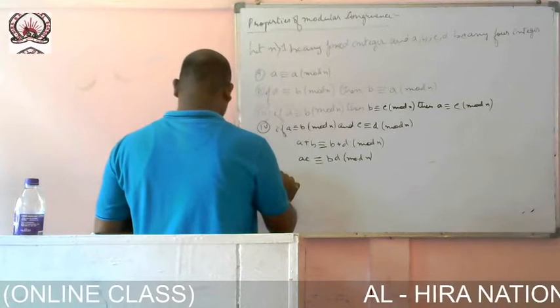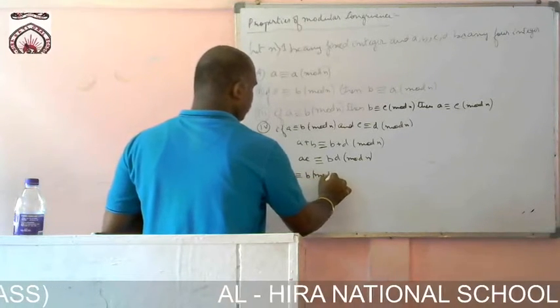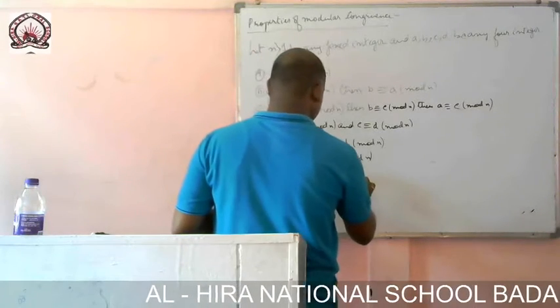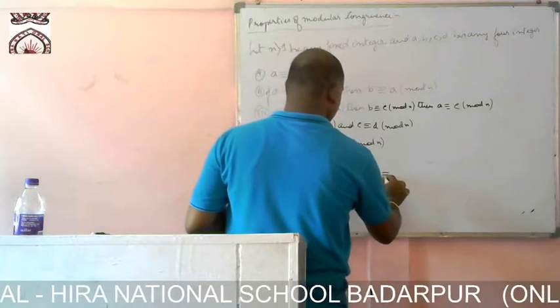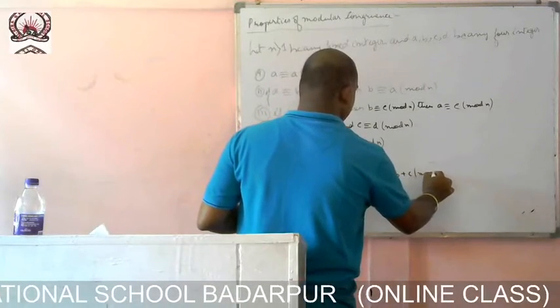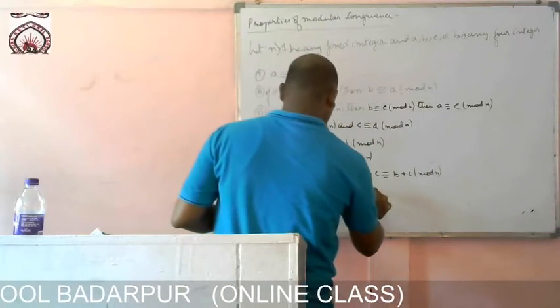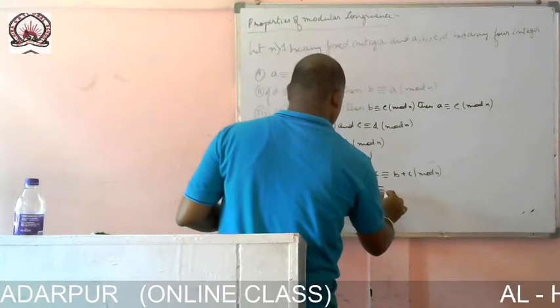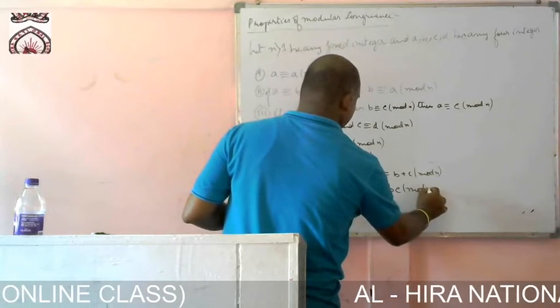Number 5: if a congruent b mod n, then a plus c congruent b plus c mod n, and ac congruent bc mod n, we can write.